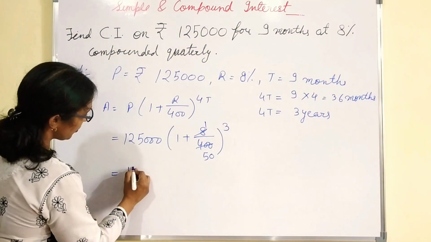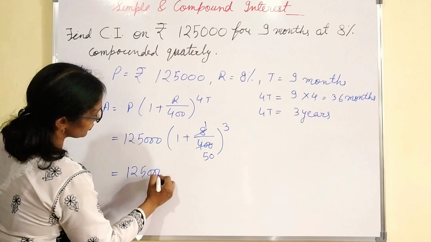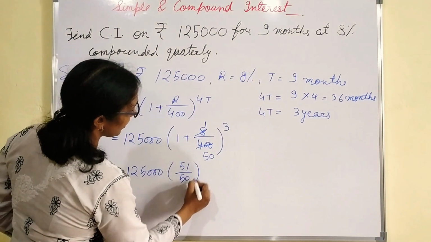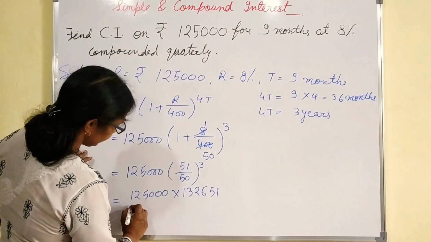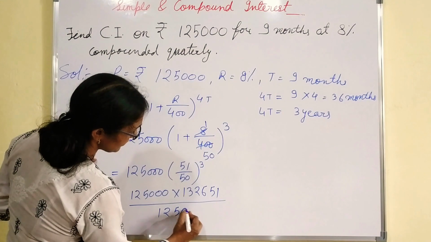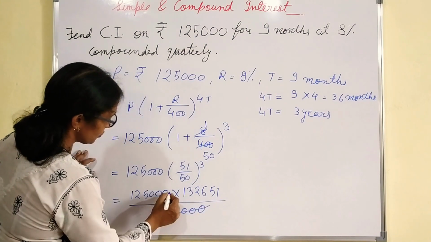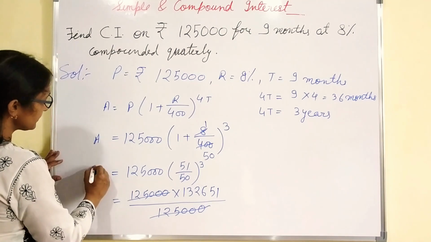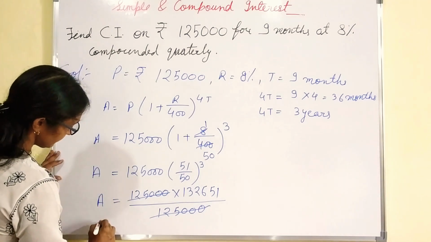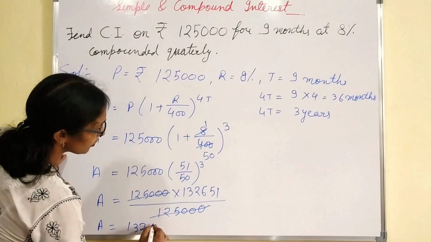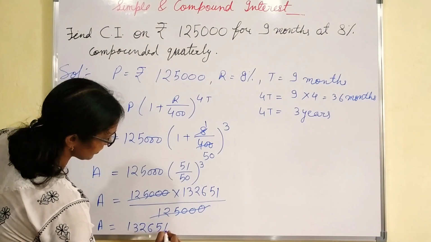So 1,25,000 into (51 upon 50) power 3 upon 1, 2, 5 and 3 zeros. So it will cancel this, and your amount is 1,32,651 rupees.